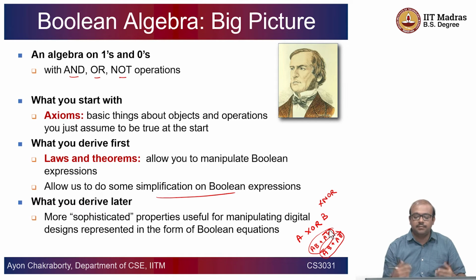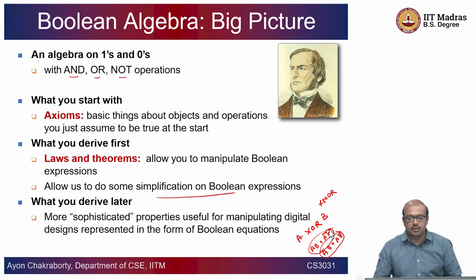You might have to derive some other expression which is going to be constituted of these expressions. So you need to juggle these expressions as well as these laws and theorems, and you need to know the axioms well in order to create these designs.